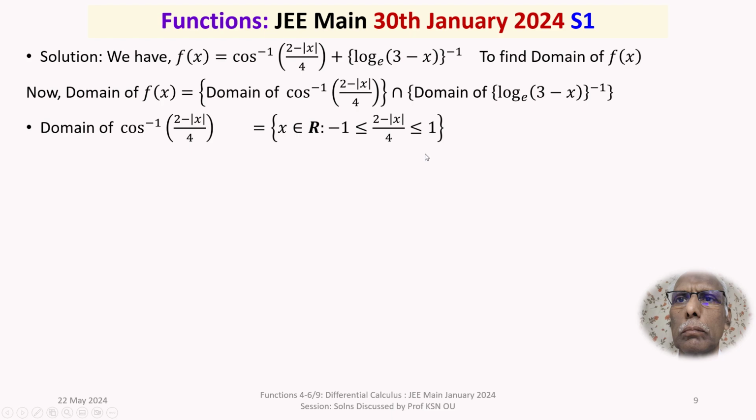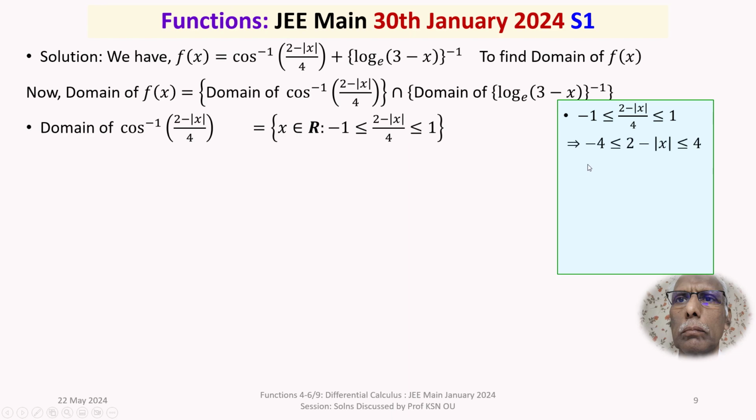Agreed. And now let us see what minus 1 less than or equal to 2 minus mod x by 4 less than or equal to 1 gives. Multiply throughout by 4. Don't worry, the inequality does not get disturbed because 4 is positive. Now subtract 2 throughout.